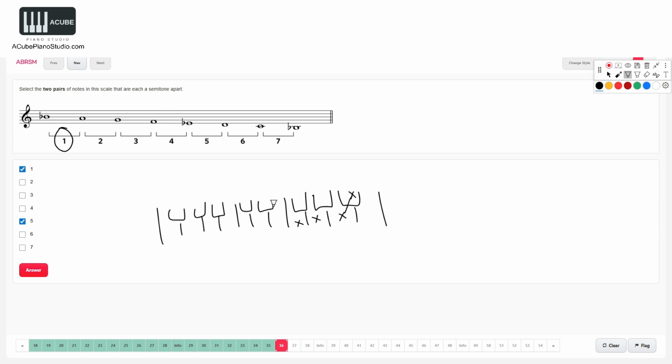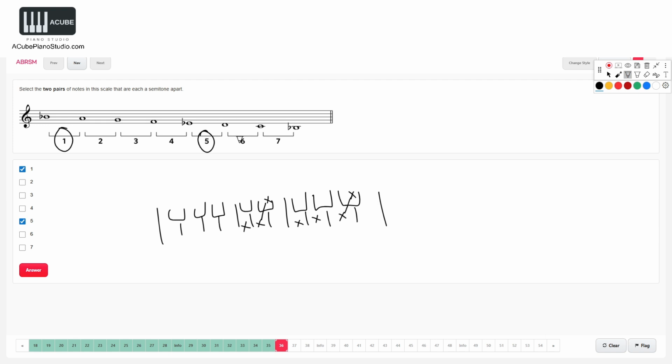Then F, then E flat. Again, one semitone, two semitones. Two semitones equals a tone. So they are not a semitone apart. So 4 is not correct. E flat and D. E flat is here, D is here. They are the two nearest notes to each other and they are a semitone apart. So yes, E flat to D are a semitone apart. Then D to C: one semitone, two semitones, which equals a tone apart.